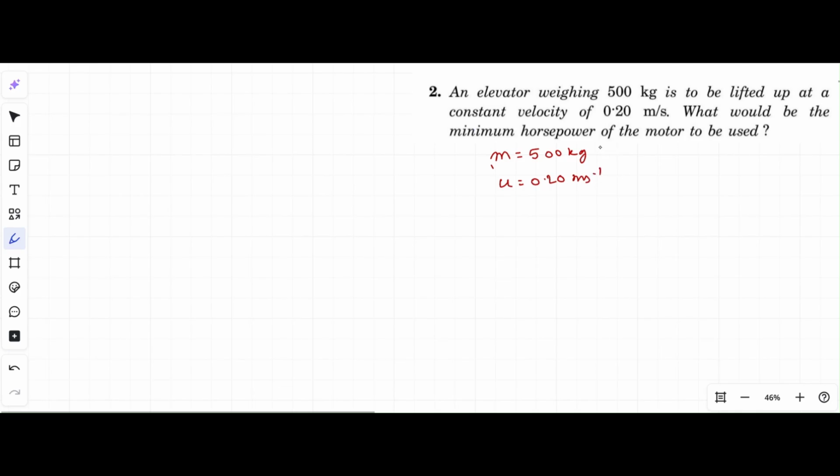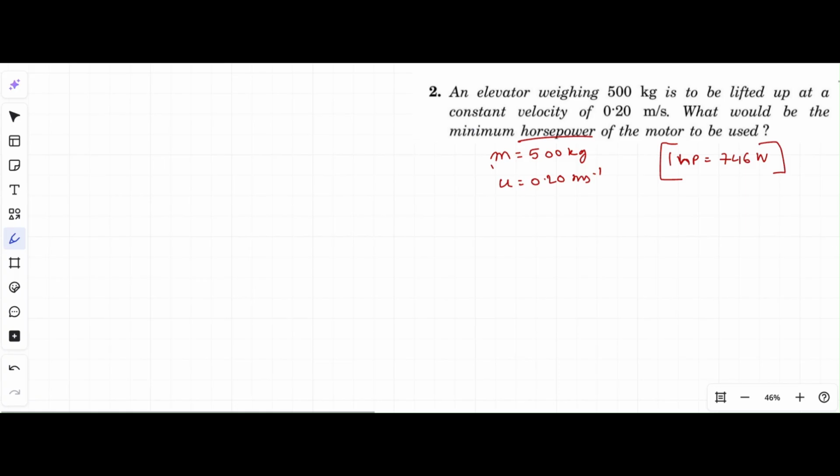What would be the minimum horsepower of the motor to be used? We know that 1 horsepower is equal to 746 watts. So what do we need to do here? What are the things we know?